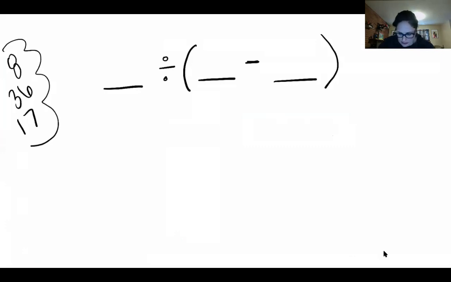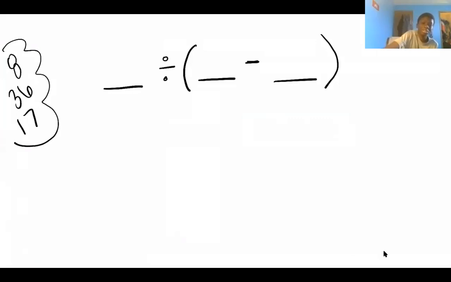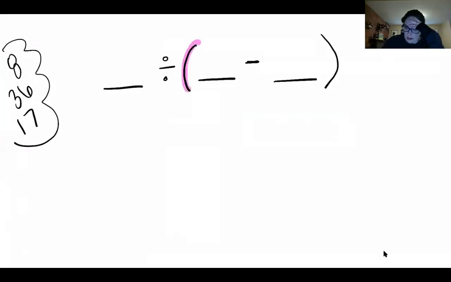Here are my options. So am I going to do parentheses first, divide first, or subtract first? Parentheses. So no matter what I put in here, this has to come first. Should we just put 8, 36, 17 and see what happens? Or what should I put right here?